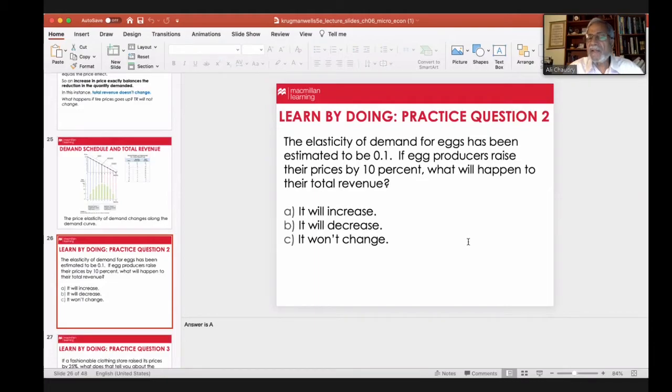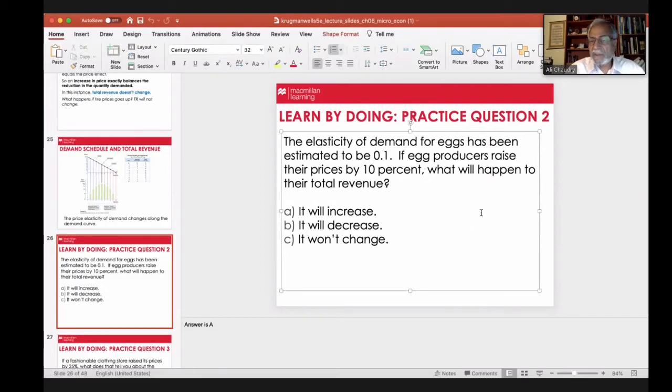Just imagine putting a line under the 0.1 and a 1 under it, because 1 doesn't change anything. So the equation now reads 0.1 divided by 1 equals percent change in quantity demanded divided by 10. Got it?